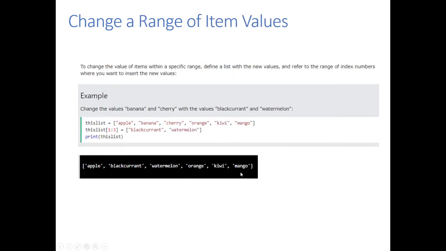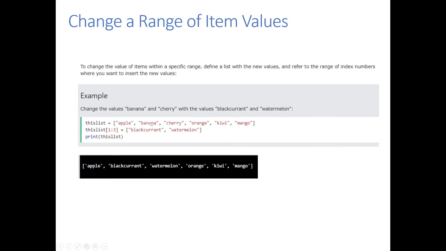Change a range of item values. To change the value of items within a specified range, define a list with the new values and refer to the range of index numbers where you want to insert the new values. So let's say, for example, change the values banana and cherry with the values blackcurrant and watermelon.